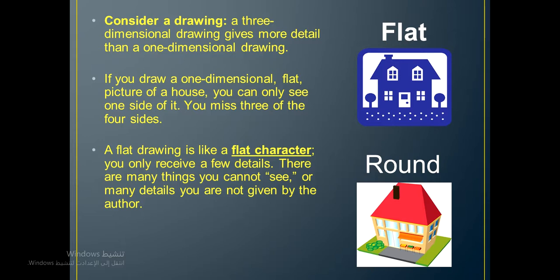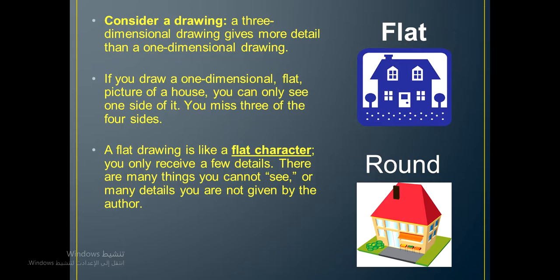If you draw a one-dimensional flat picture of a house, you can only see one side of it. You miss 3 of the 4 sides. A flat drawing is like a flat character. You only receive a few details. There are many things you cannot see, or many details you are not given by the author.